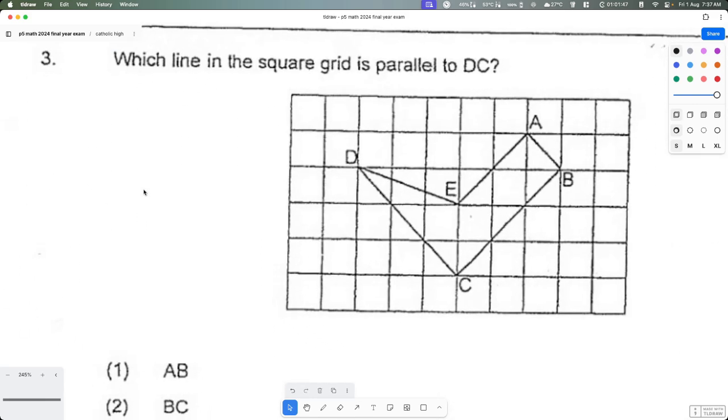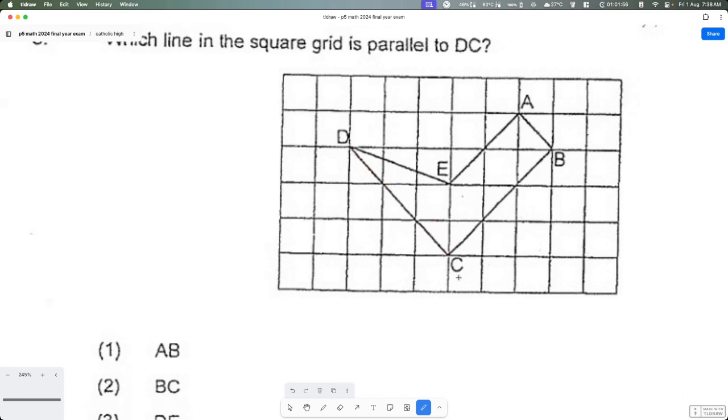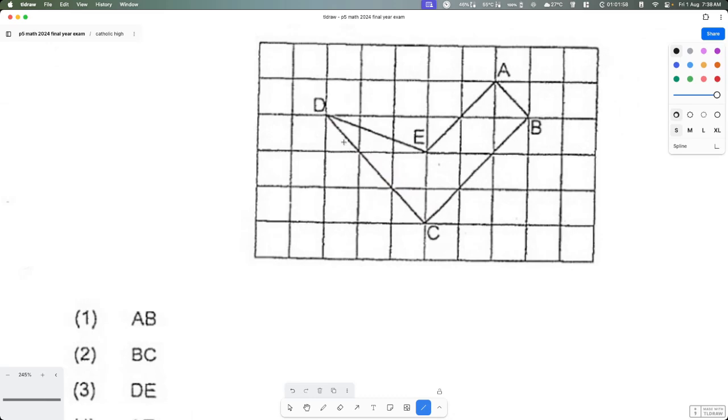Question number 3. Which line in the square grid is parallel to DC? So you see DC over here. I think it's pretty straightforward. The line over here, I'm going to make into a red line. So DC like this.